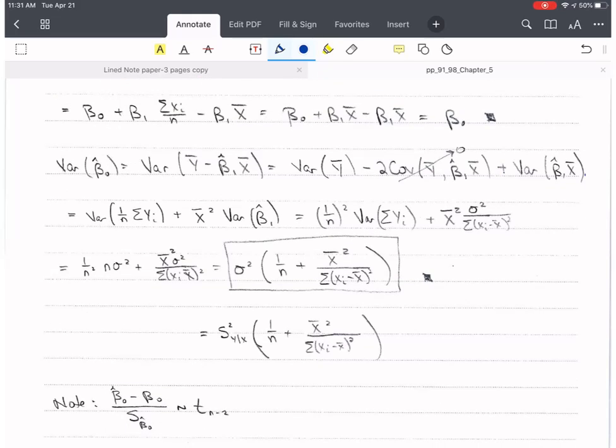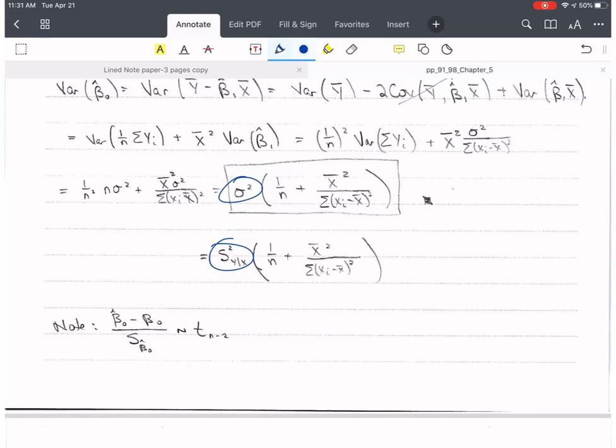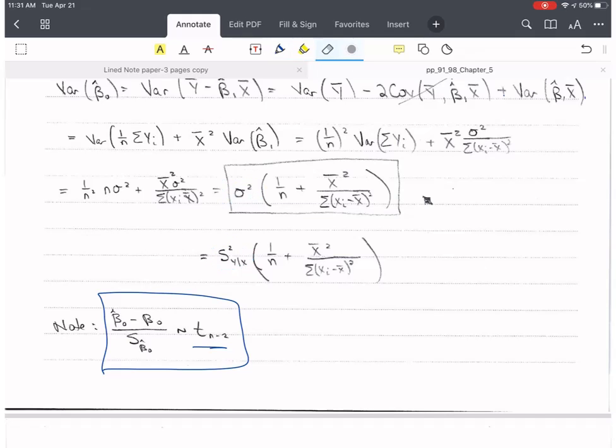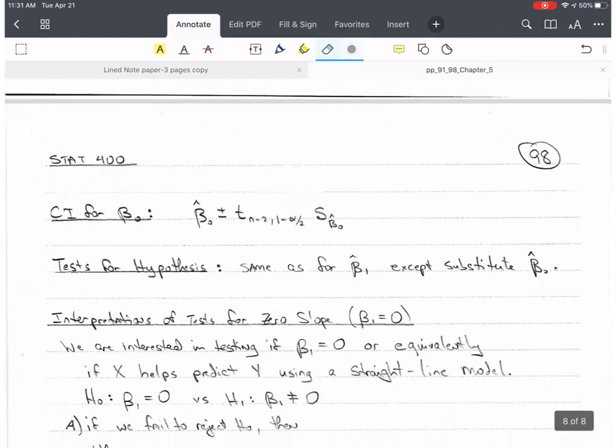All right, so then I can rewrite sigma squared with its alternate notation, if you like. And again, note that beta naught hat minus beta naught over its standard deviation has a t distribution with n minus 2 degrees of freedom. So it's nice that both of these have n minus 2 degrees of freedom, which is the degrees of freedom of the sum of squares error, SSE. Okay.